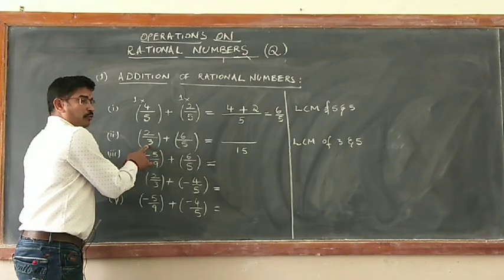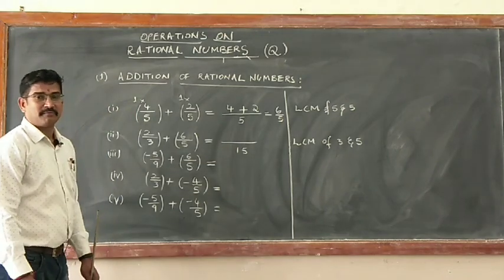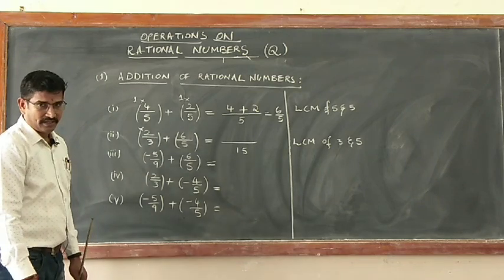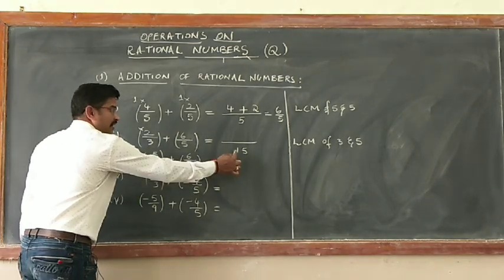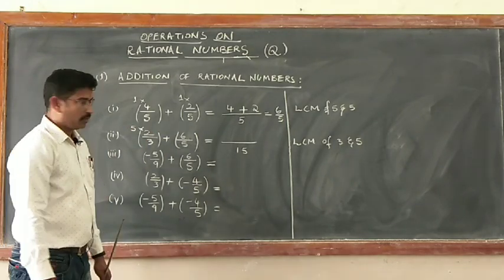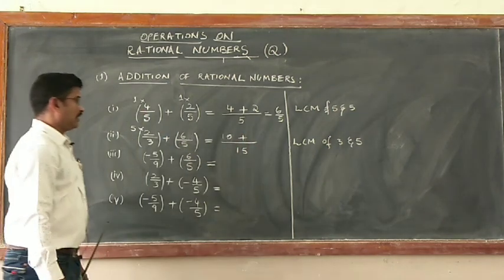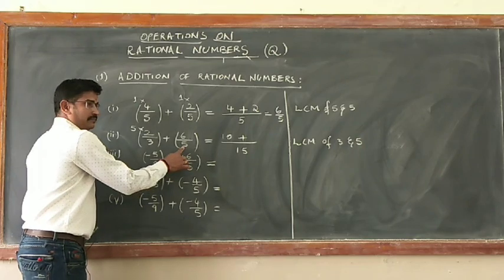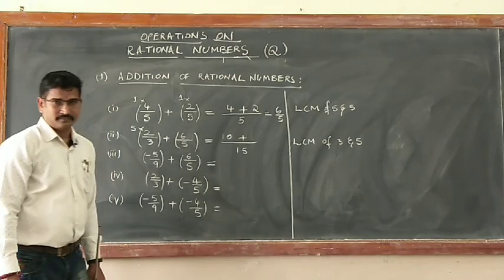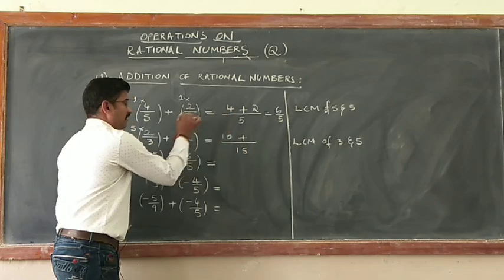Now, this denominator of 2 by 3, this 3, how many times in LCM 15? That number should be multiplied to the numerator, that is 3 in 5 times 15, that 5 multiplied to the numerator 2 gives us product 10, 5 2s are 10. Next, this denominator of the rational number 6 by 5, that 5 how many times in 15 is multiplying numerator, 5 3s are 15.